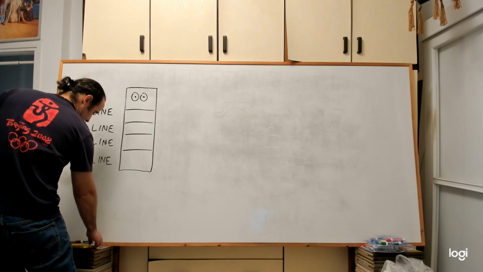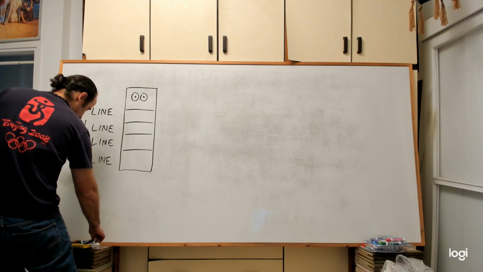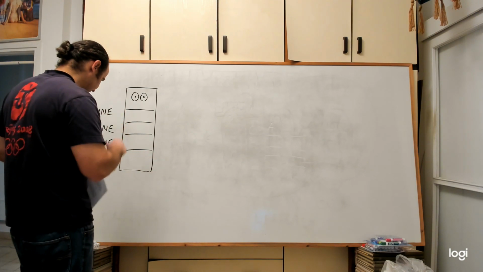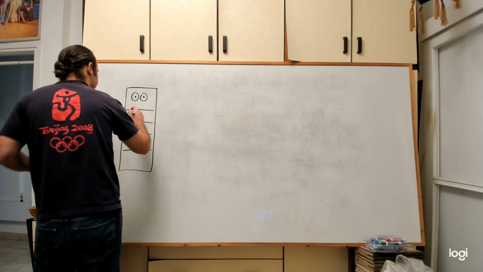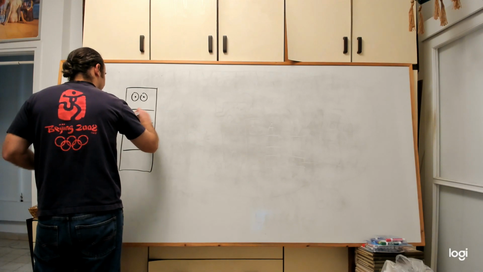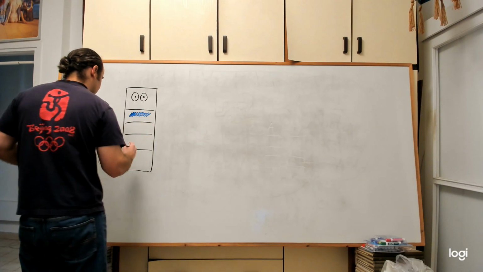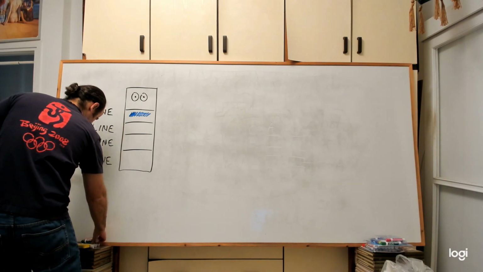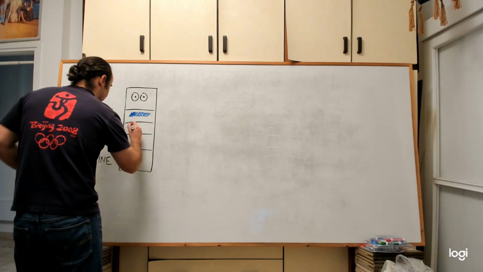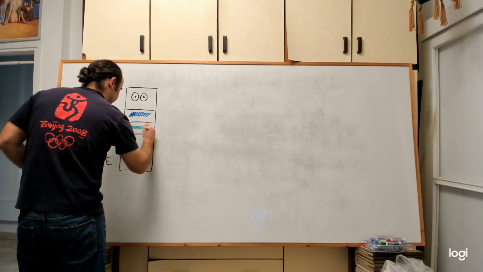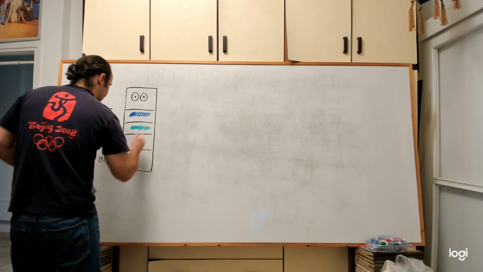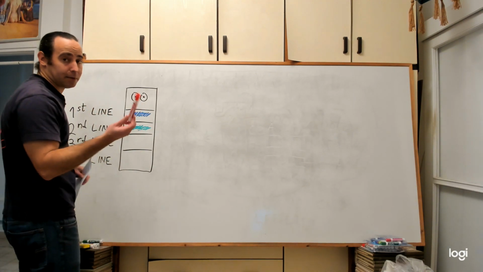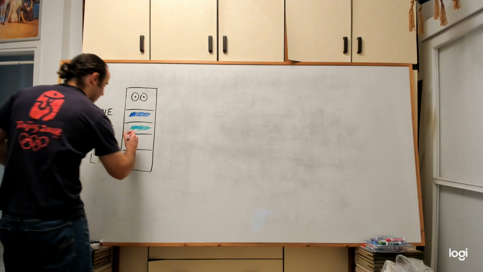Okay, so let's do this in colors. Let's say this is blue, and this is green, and this is the problematic code, the red one.